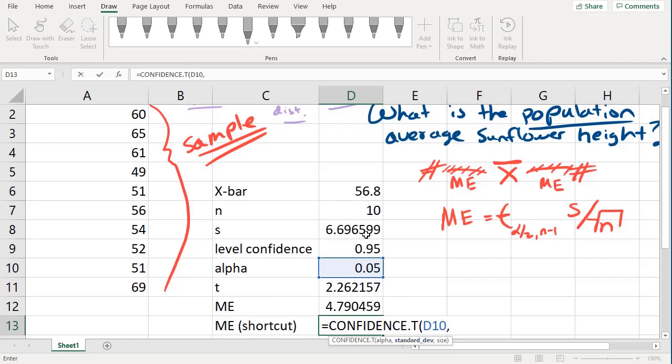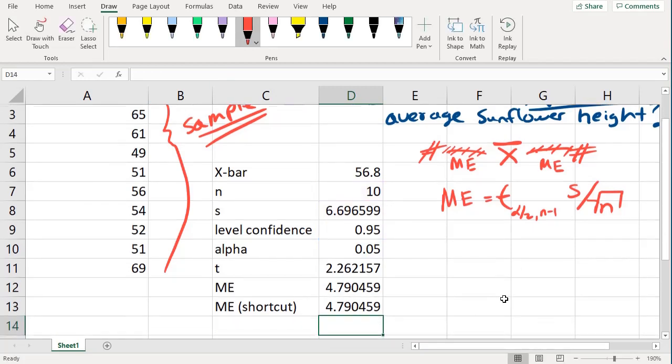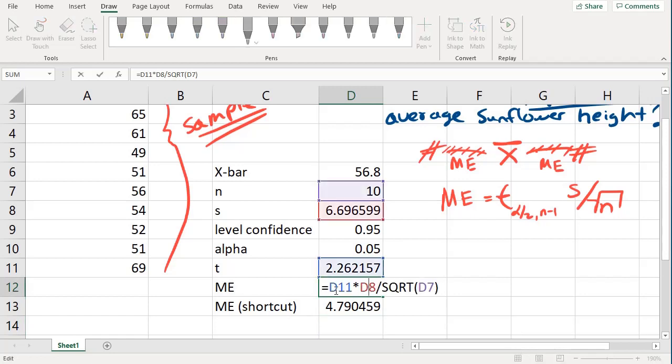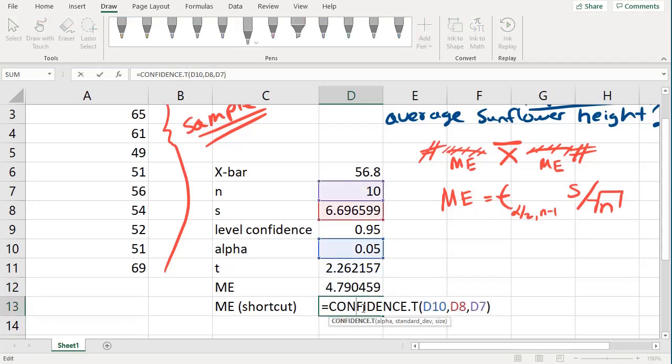It wants the standard deviation, which is this guy. And then it asks for size. Size is your sample size, so that's n. Okay. Close parentheses and press enter, and so you get the same thing. Okay, so you can use the formula, or you can just go straight to it using this CONFIDENCE.T function.